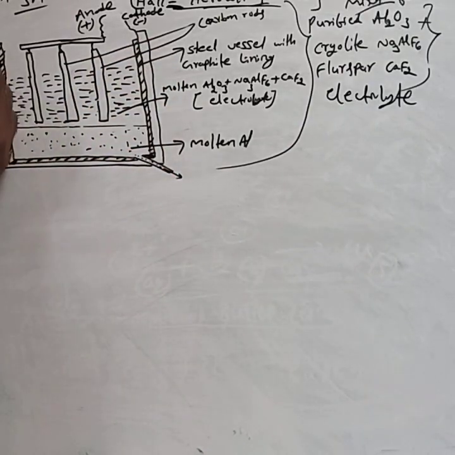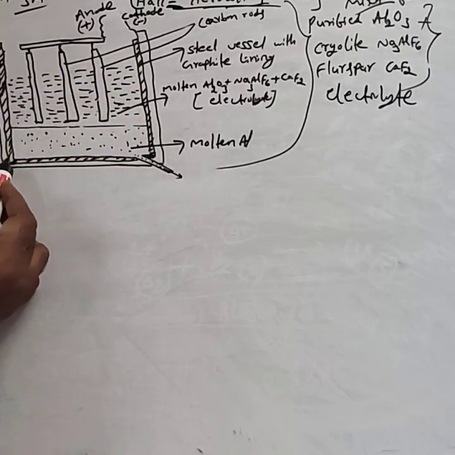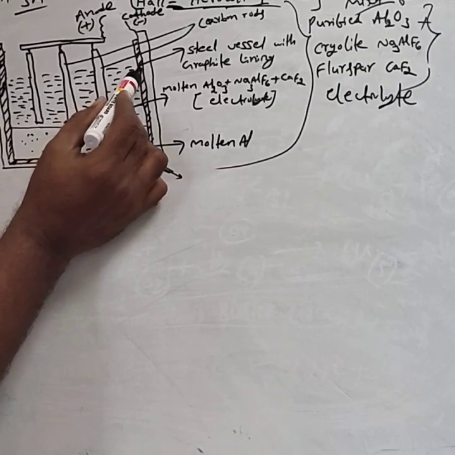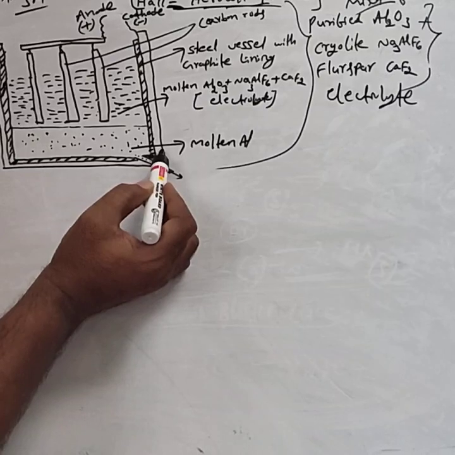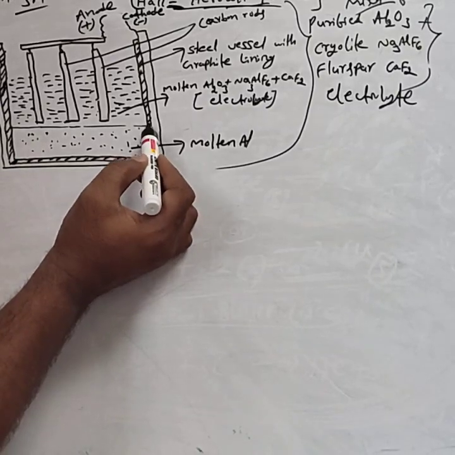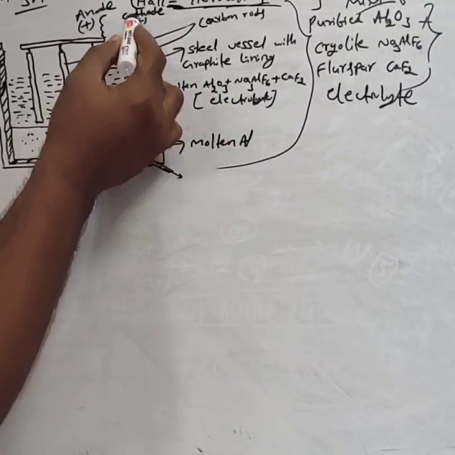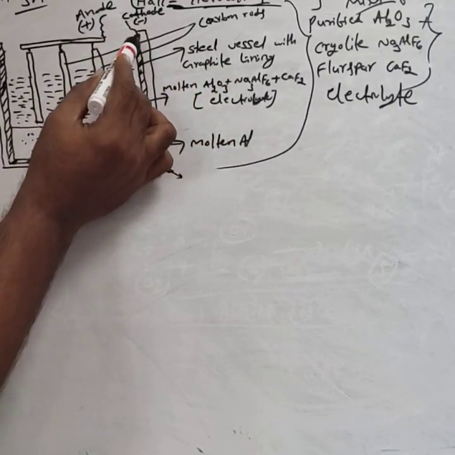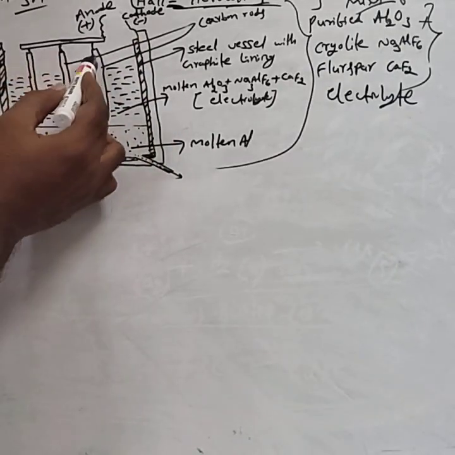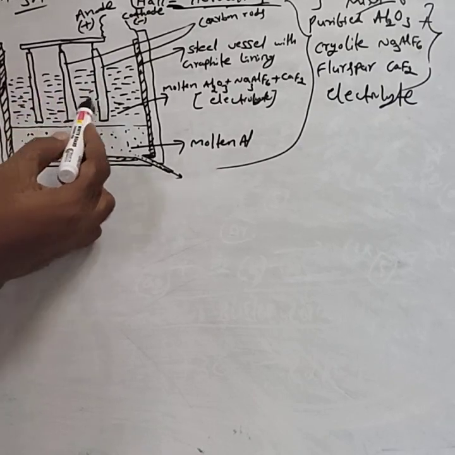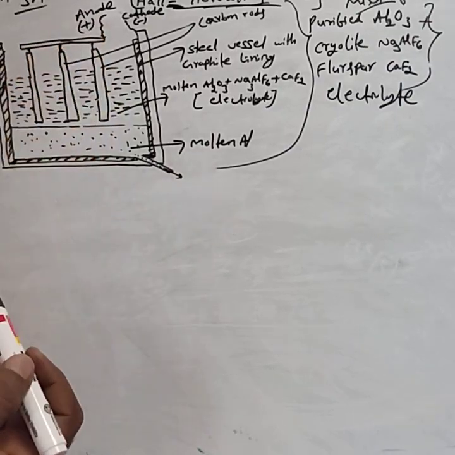The steel vessel is lined with a graphite coating. The outer layer is the steel vessel, lined with graphite. This steel vessel with graphite lining serves as the cathode. Graphite rods, or carbon rods, are placed in the steel vessel and serve as the anode.